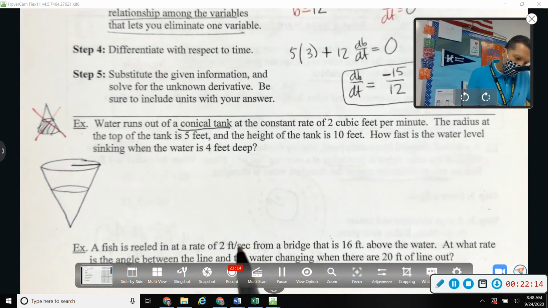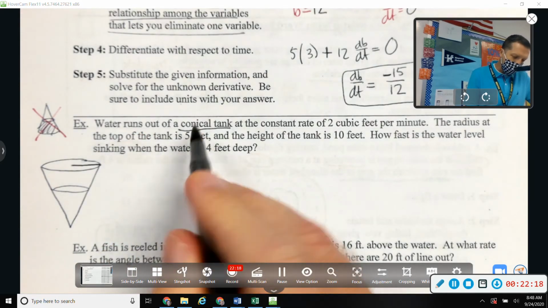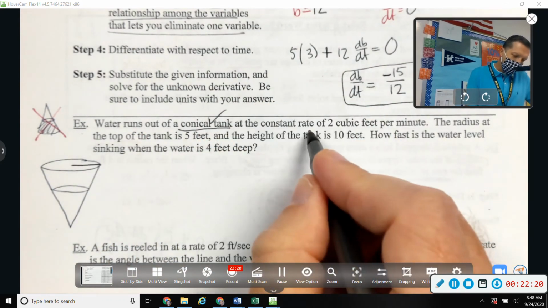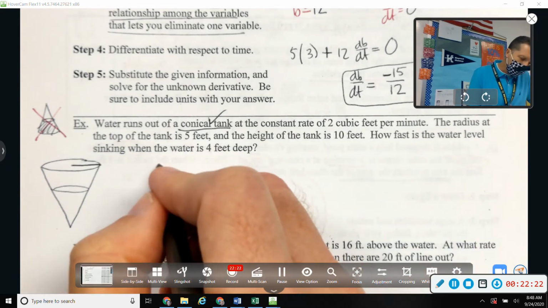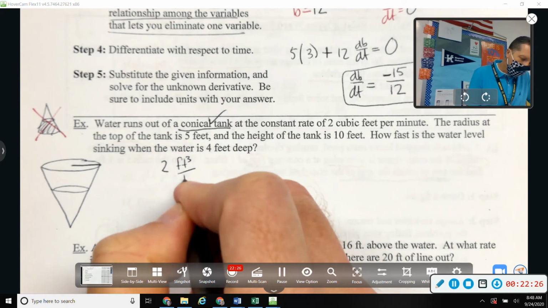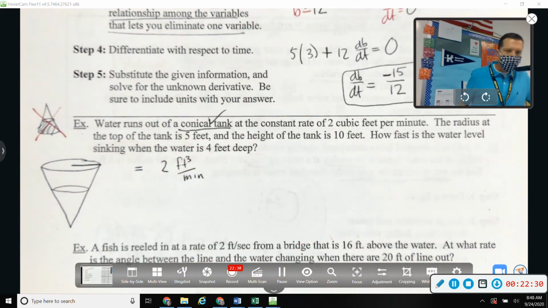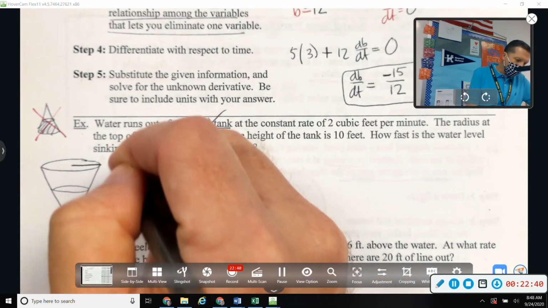All right, well, I guess let's go in order. Conical tank, check. Constant rate of 2 feet cubed per minute. Well, what is 2 feet cubed per minute? dV/dt.